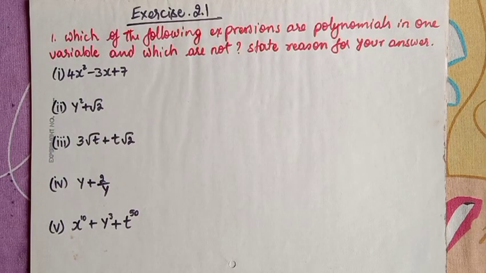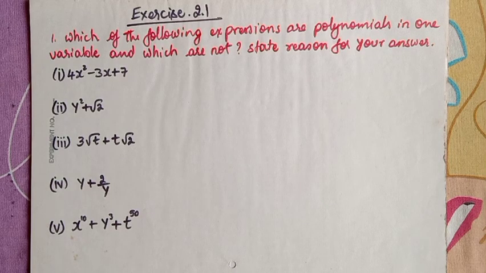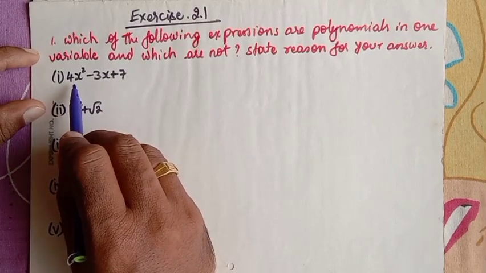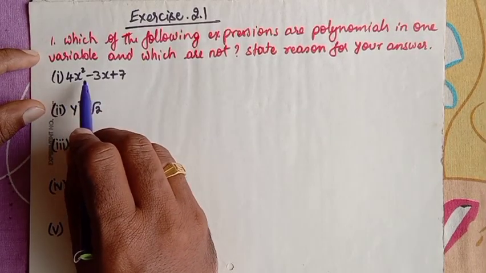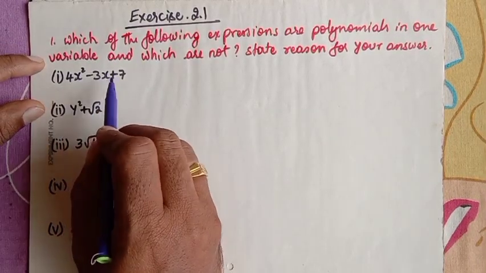Which of the following expressions are polynomials in one variable and which are not? State reason for your answer. The first question is 4x square minus 3x plus 7. You see here, in this polynomial, x only is the variable.